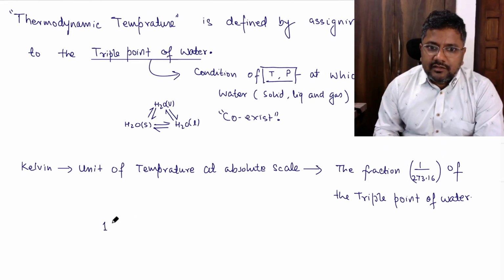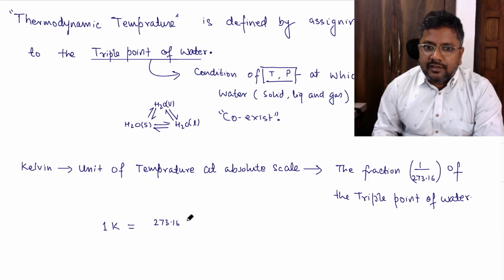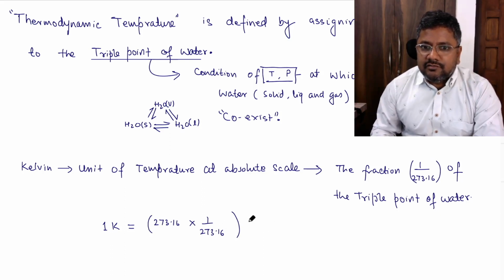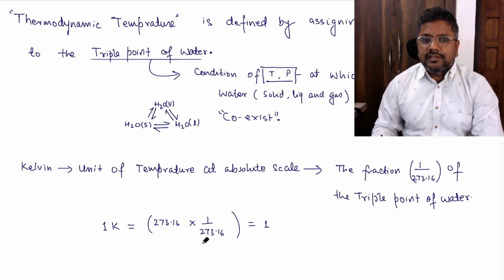So 1 Kelvin is equal to, you can write, what is the triple point of water? 273.16 Kelvin multiplied by 1 by 273.16. So this is equal to 1, right?